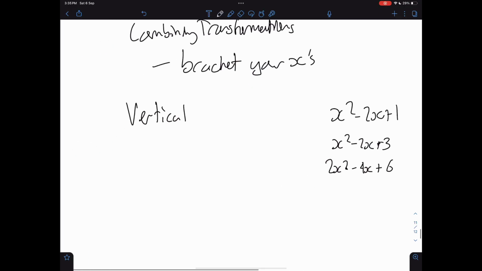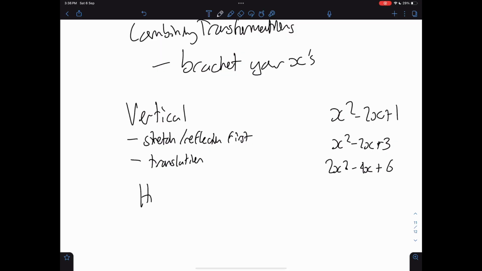So that's why I generally say stretch or reflection first. And a reflection, you can think about it as a stretch by -1. And then I do my translations last.